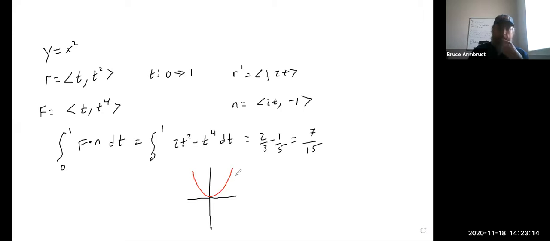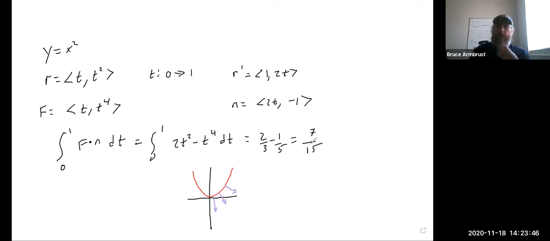So it's always in the downward direction. So the n we're using are these guys. Now notice that these are not unit, right? This is not a unit normal vector, but it is normal. The magnitude ended up canceling out with the ds when we go to this form.